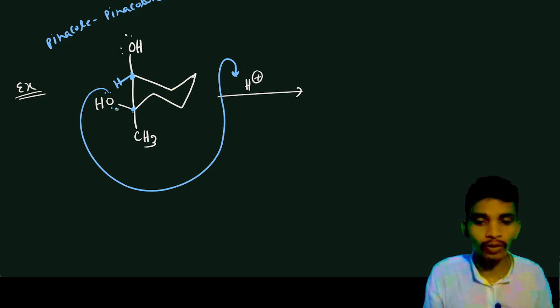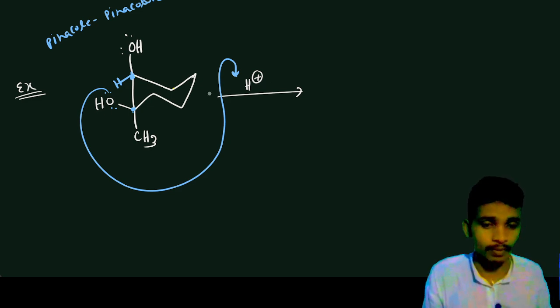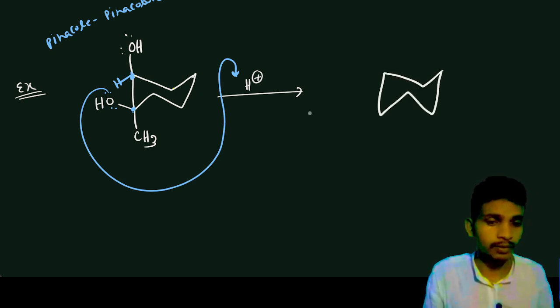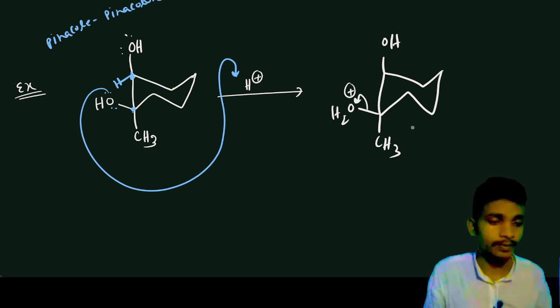So I have told you that OH will be protonated, and after it leaves, the carbocation should be stable without any rearrangement. So this is more stable, so this will attack here. Okay, so that is going to be OH here and CH3 here, and this is going to be the OH2 positive. So this is going to leave here.